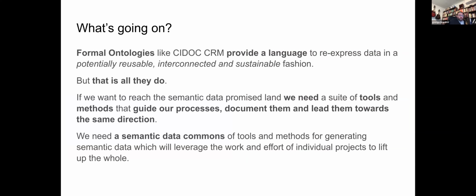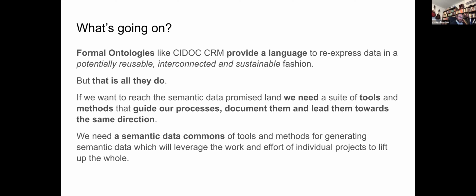So what's going on with that? Basically, and we could certainly discuss this more, but I would say a pivotal point is that formal ontologies like CIDOC CRM give us a language to re-express data that's potentially reusable, interconnected, and sustainable. But actually, that's all they do, and that's not enough.